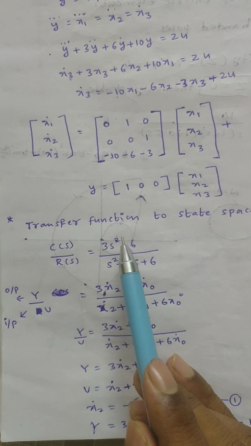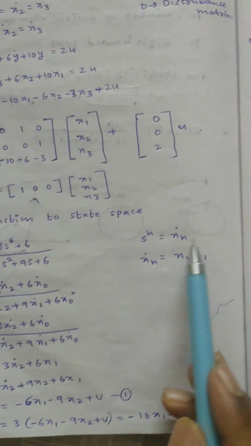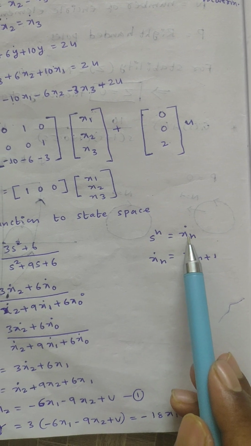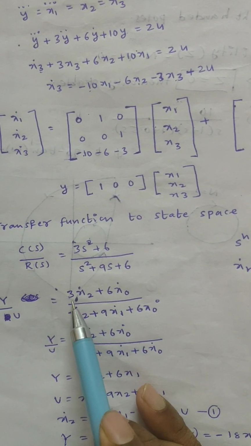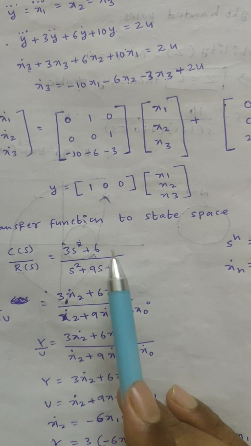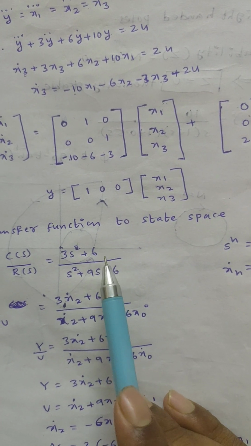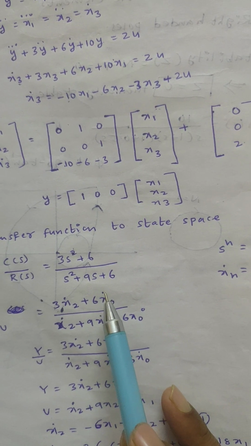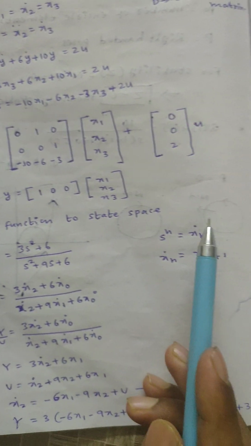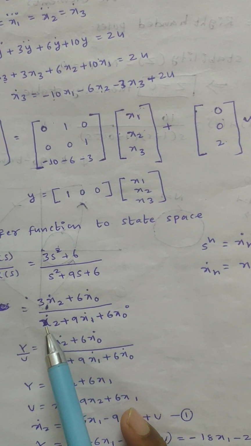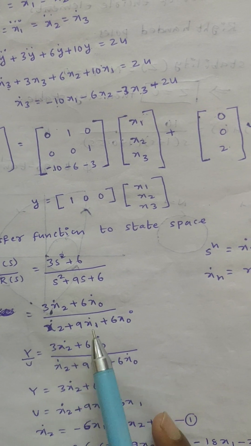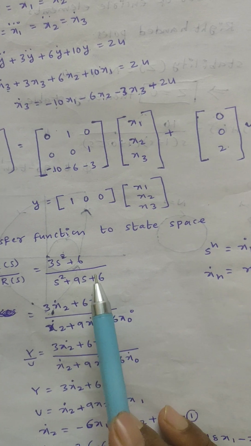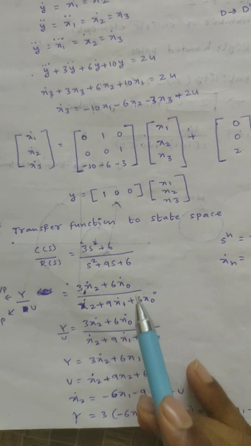Here s power 2 is there, that means 3 into, based upon this formula, with n equal to 2, s square is x2 dot. That means 3 into x2 dot plus 6 into s power 0, that means x naught dot, divided by x2 dot plus 9x1 dot plus 6x naught dot. Okay, this is the representation.